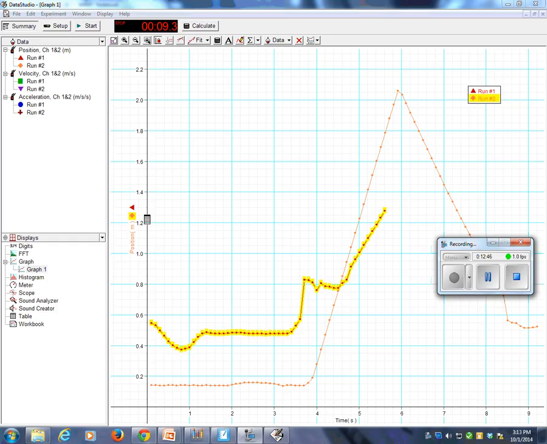So it's telling the computer the position of the cart away from the little motion sensor device here. It works on sonar, just like dolphins. It sends out a sound wave, it bounces off the cart, and then it comes back, and it figures out how far away it is, and it does that every, like, 1/100th of a second.